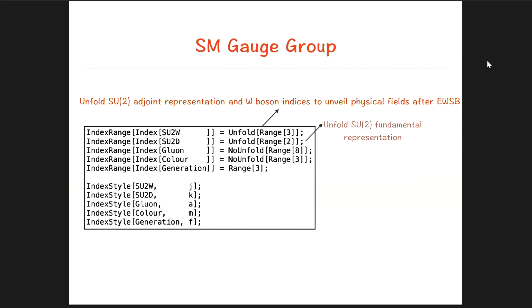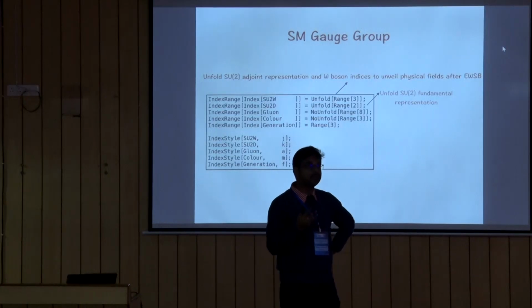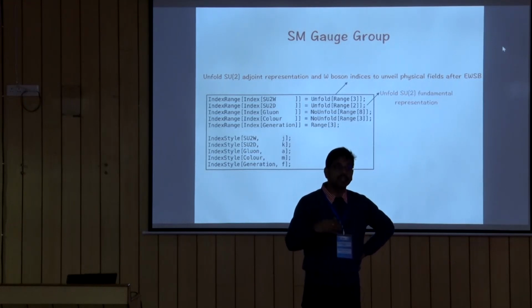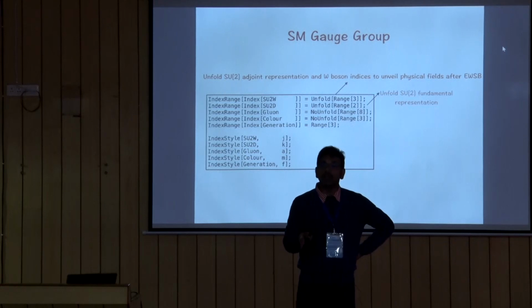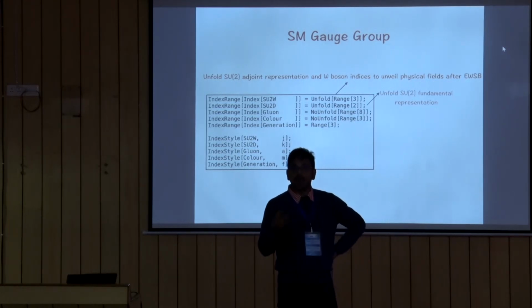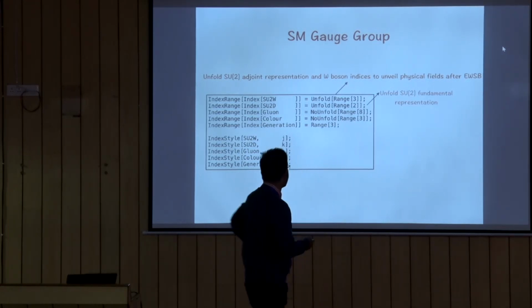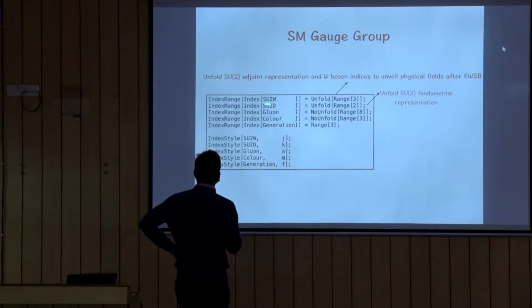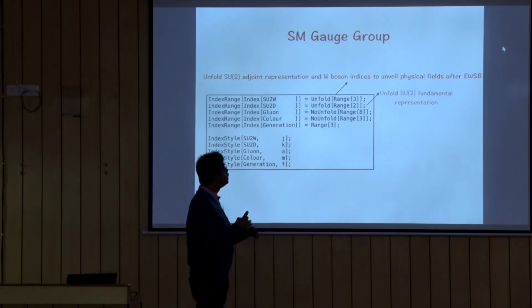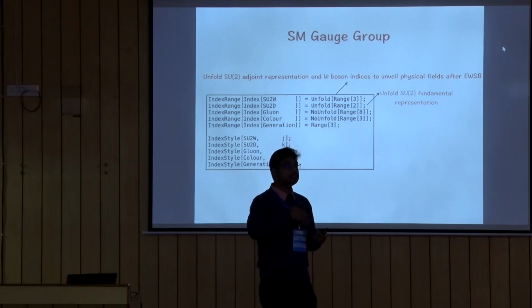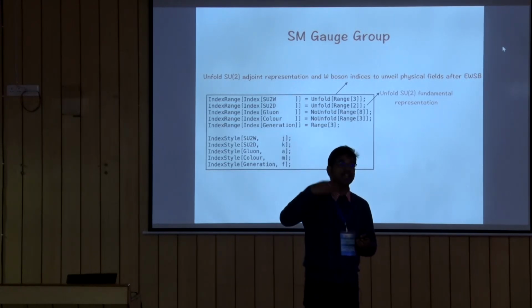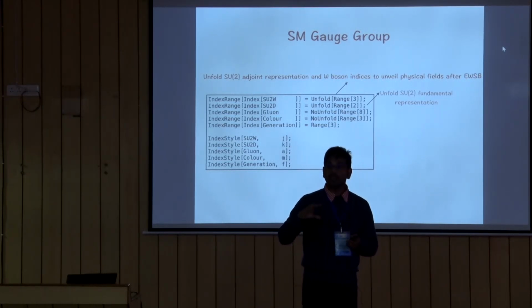You can understand that there are two representations of SU2: the adjoint representation, in which the gauge bosons transform, and the fundamental representation, in which the particles, the doublets, transform. So SU2D refers to the transformations of the quark and lepton doublets, whereas SU2W refers to the corresponding gauge bosons.